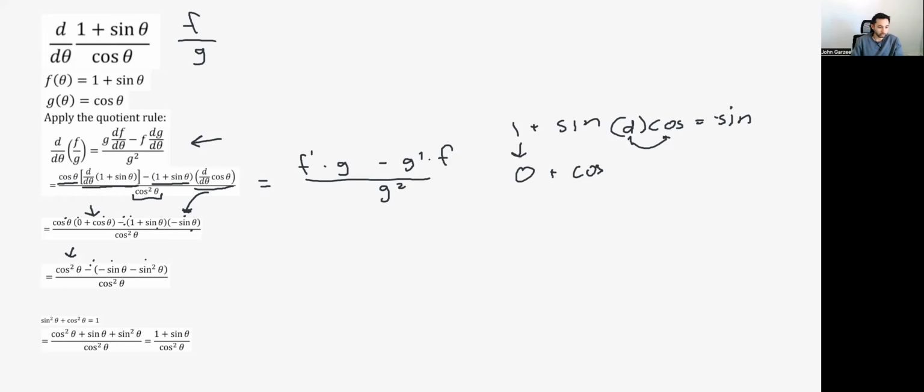And if you distribute this, you're going to have cosine squared plus sine squared. And if you remember, cosine squared plus sine squared is equal to 1. So all of this is going to be rewritten as 1 plus sine theta. And the bottom stays the same. It's going to be cosine theta, cosine squared.